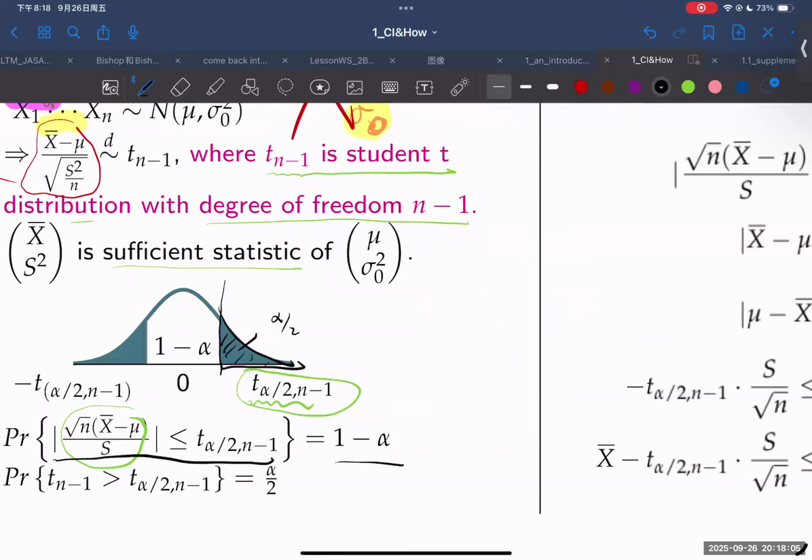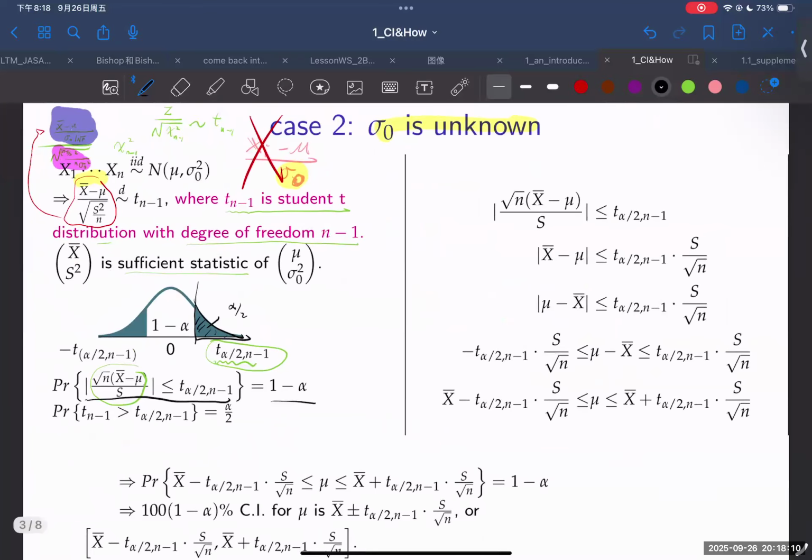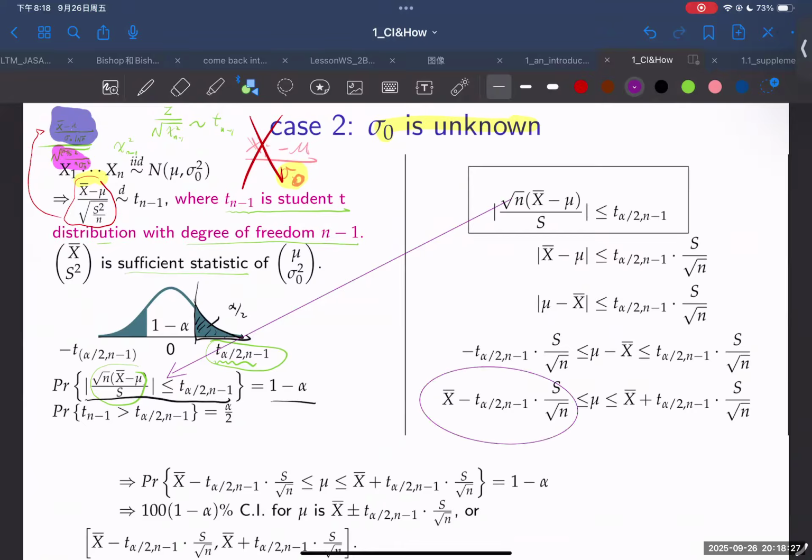And then again, if you check the right-hand side, this is exactly the inside one, but we do some mathematical derivation so that finally you can write two ends. One is here and the other one is here.